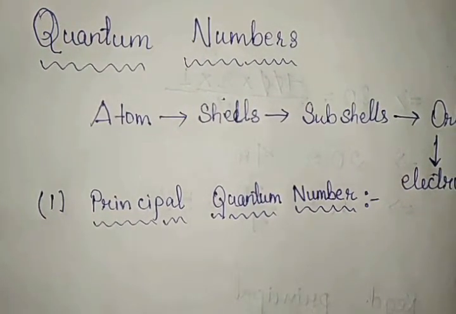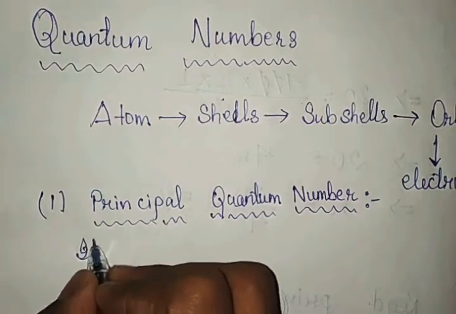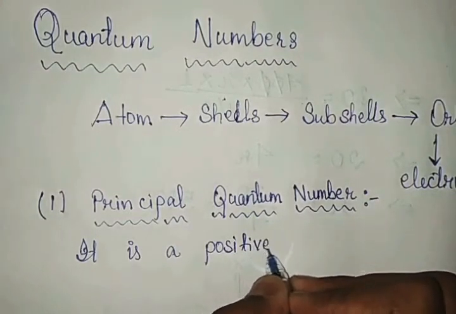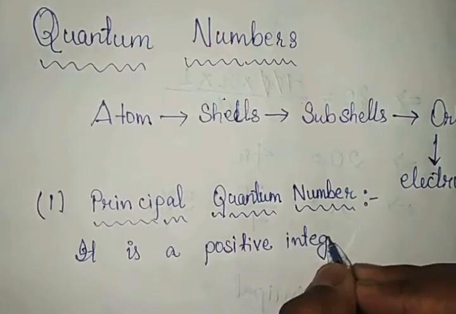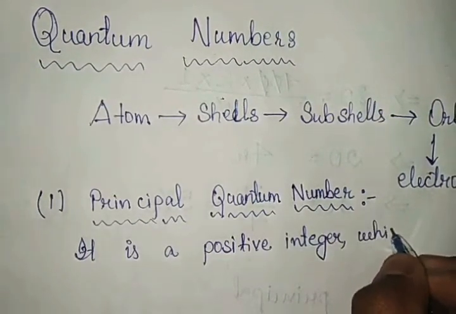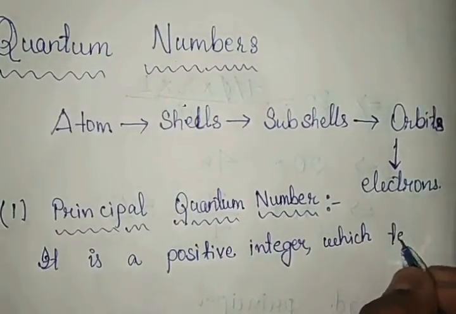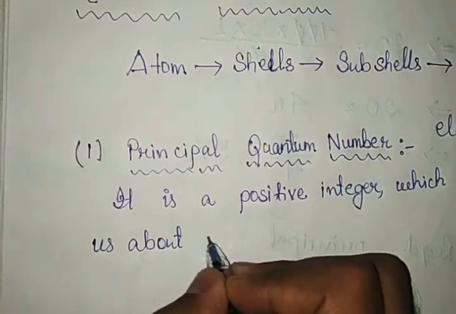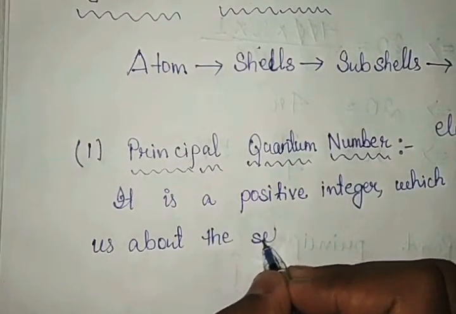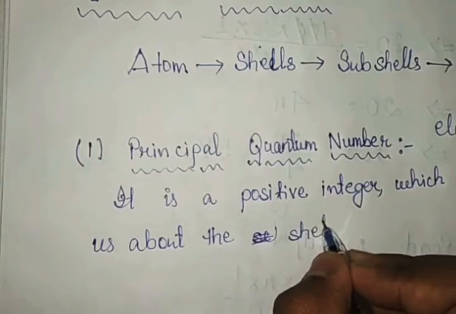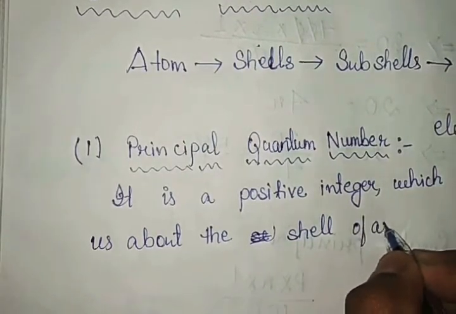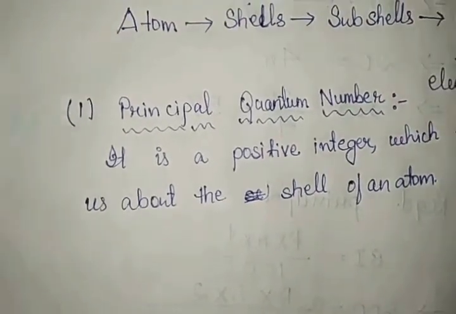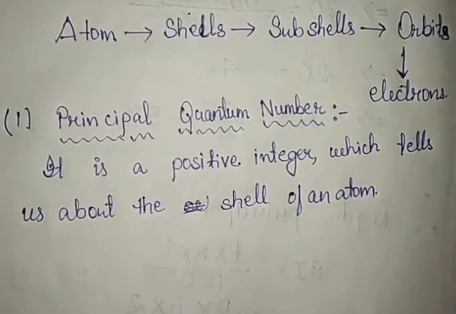Suppose principal quantum number is just a positive integer which tells us about the shell of an atom.